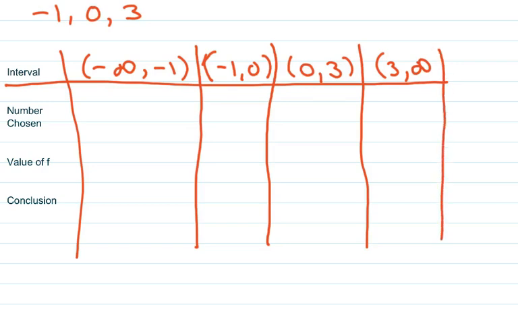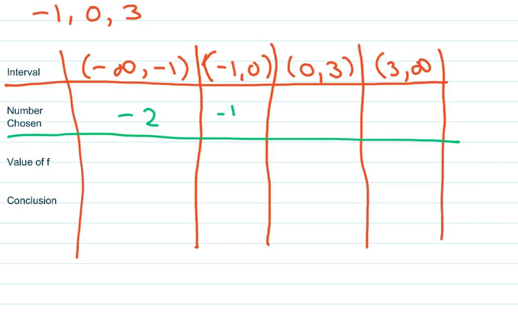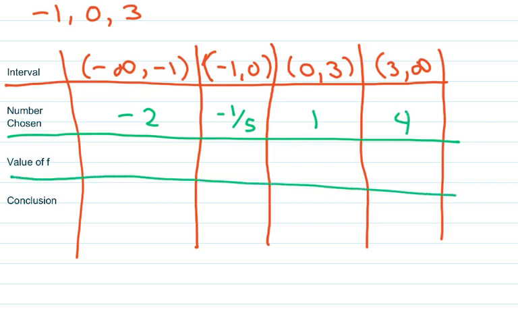All right, we're going to choose numbers. So the numbers I chose were negative 2, negative 1/2, 1, and 4. And we're plugging it in to f of x equals x cubed minus 2x squared minus 3x.